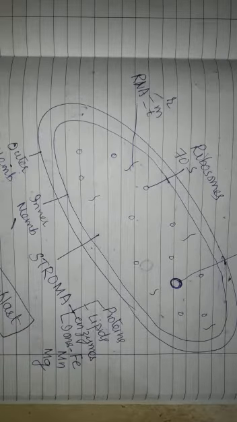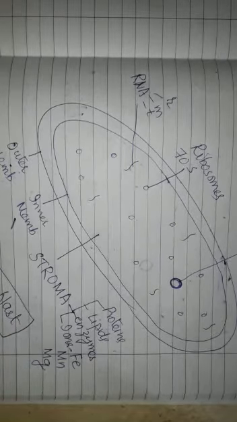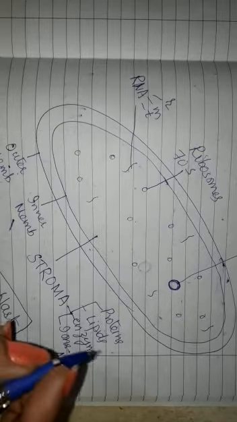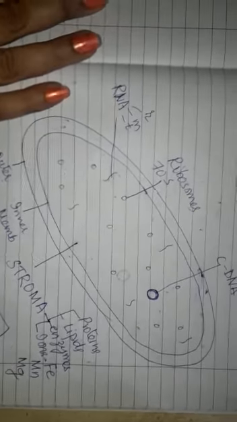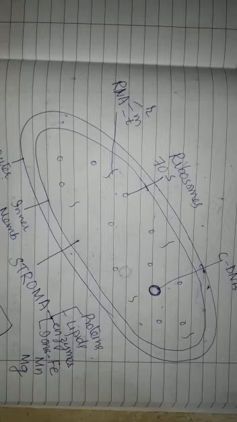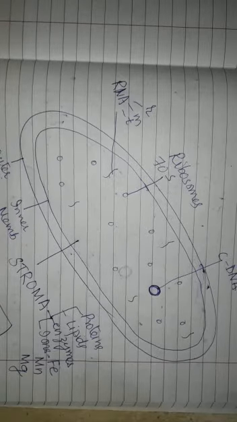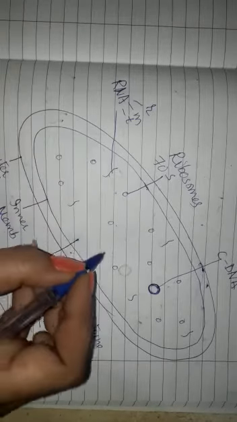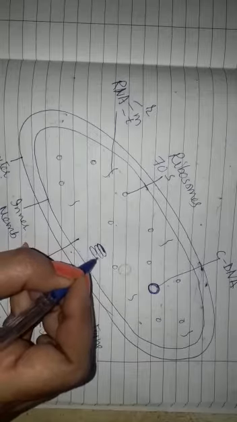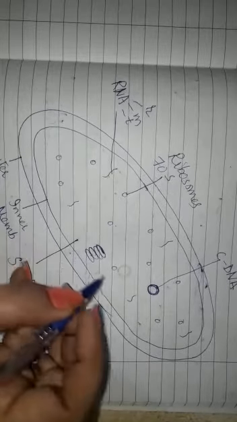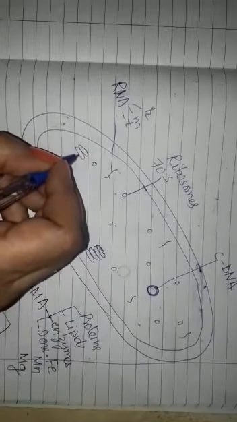Now, inside the stroma, there are present flat, closed ovoid sacs, and each sac is called a thylakoid.